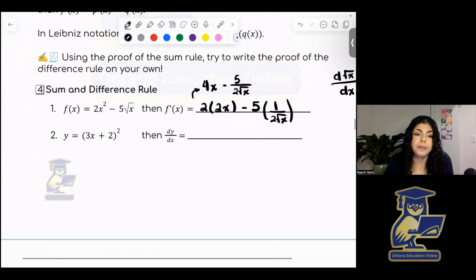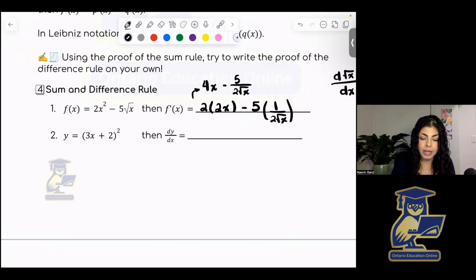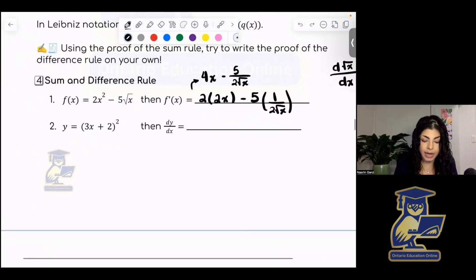Now in this next one, you see this and you think it's the product rule, but not quite because you have a function in there. And we haven't seen that just yet. There is another rule which will help us differentiate this. But as of right now, we have to first expand this.